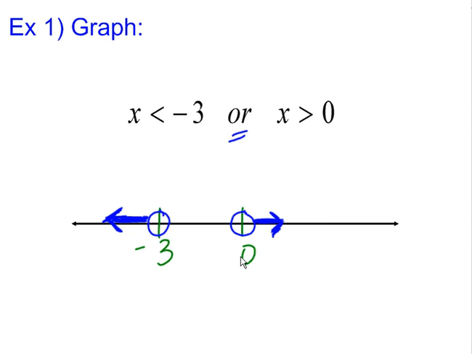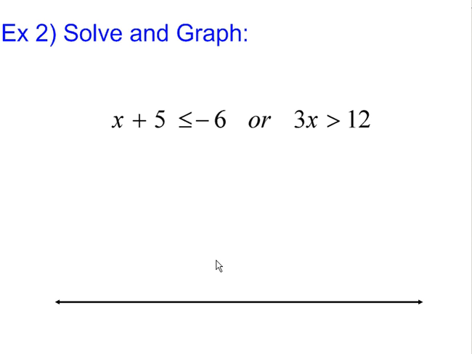So we're going to practice solving again, just a little bit. This time I'm not going to give you a compound. I'm going to make you work a little bit. We're going to have two different inequalities. We're going to have x plus 5 is less than or equal to -6, or 3x is greater than 12.